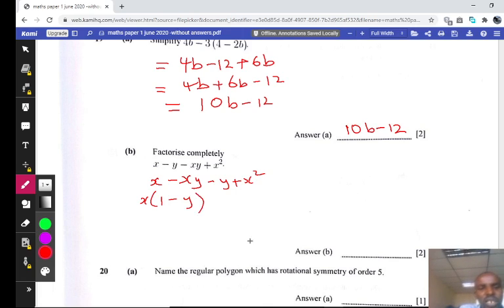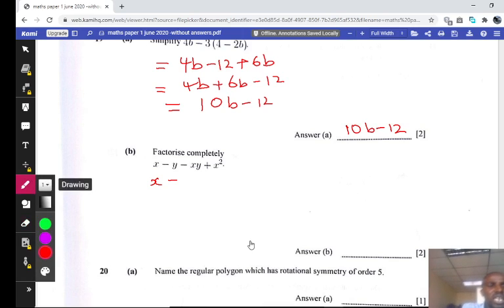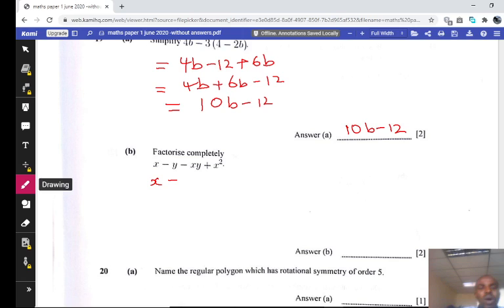Then you factor out... no, this one can't do this one. Same error. Well, the values must be the same. So y and x squared, they are not actually the same. So you can't consider them together. You can't put them together. Why? Because they're actually different, right?